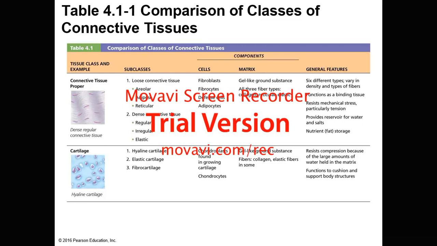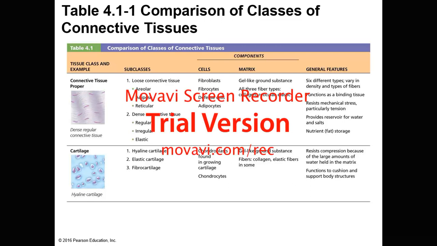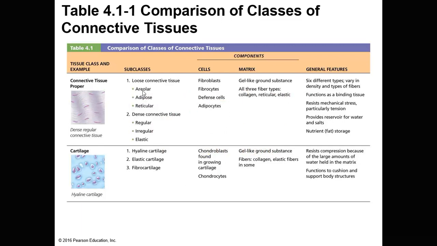All right, so general features: 6 different types, vary in density and types of fibers, functions as binding tissue, resists mechanical stress, particularly tension, and it provides a reservoir for water and salts. And when we talk about the areolar connective tissue, which is the most abundant connective tissue proper in the body, it is responsible for the edema.